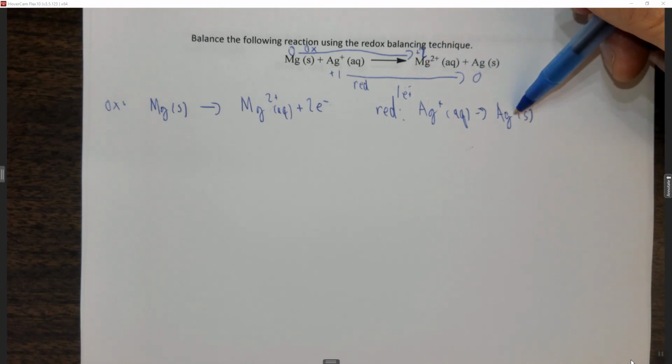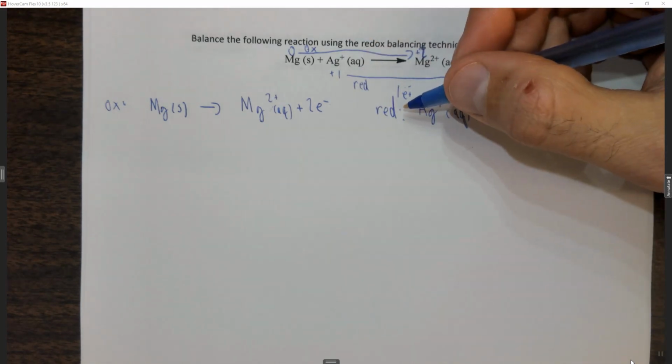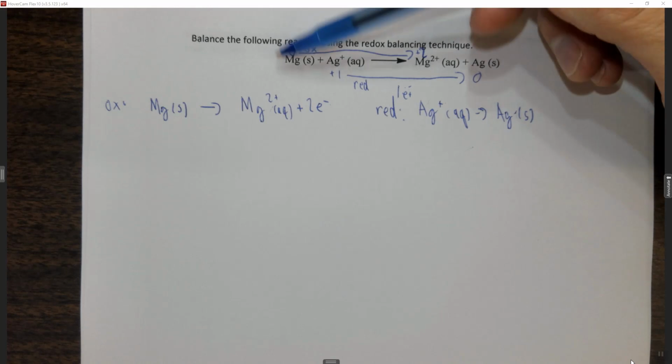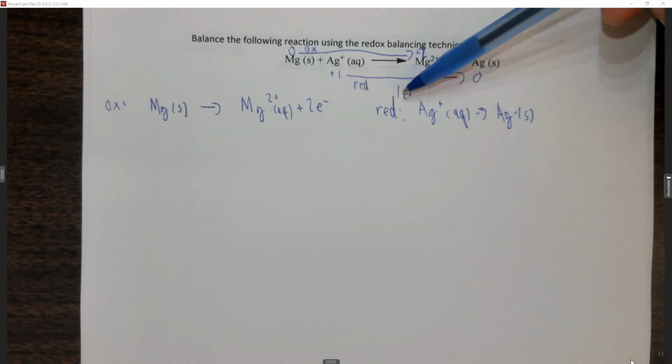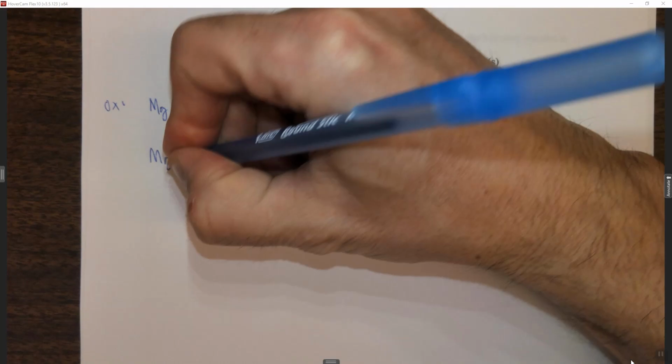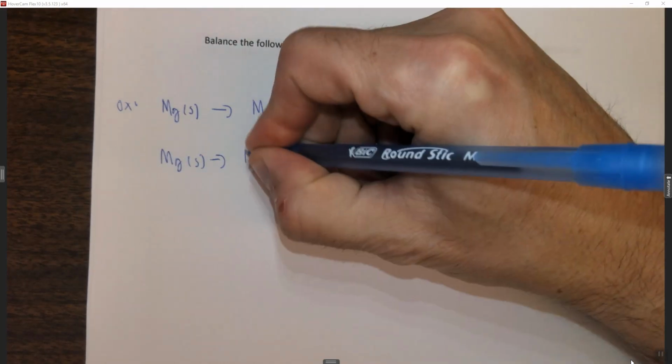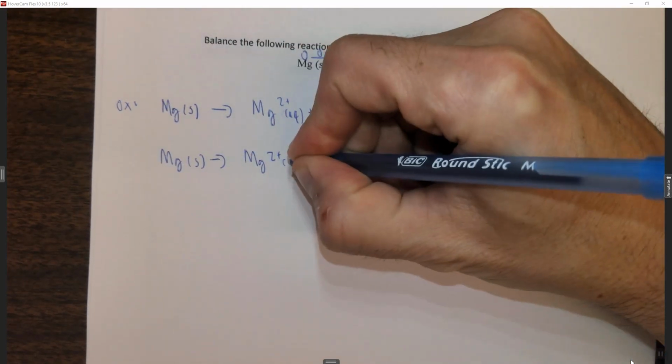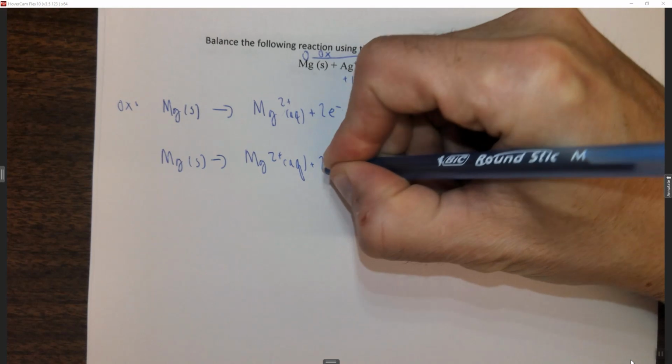Now, once we've balanced out the charges, the next thing we need to do is make the electrons even on both sides. So this would be step 5. You'll notice that you have 2 electrons here and 1 electron here. So we have magnesium solid yields magnesium 2 plus aqueous plus 2 electrons.